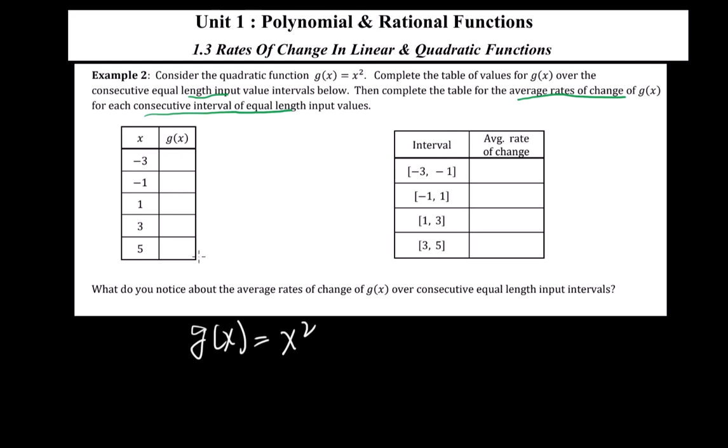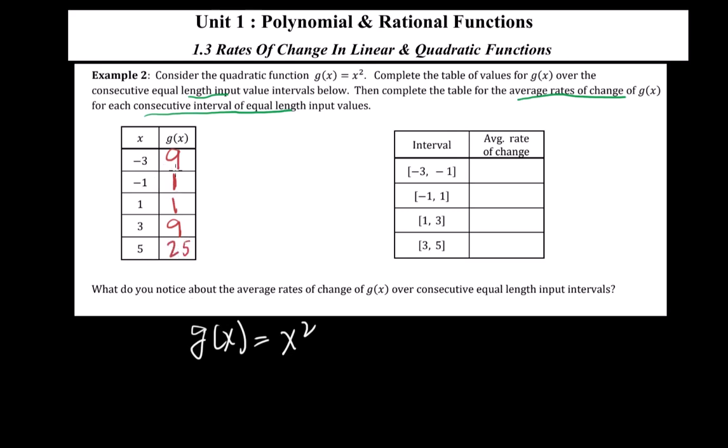So -3 to the power 2 is 9. When x is -1, -1 to the power 2 is 1. When x is 1, 1 to the power 2 is 1. Now x is 3, 3 to the power 2 is 9. Then 5, 5 to the power 2 is 25.